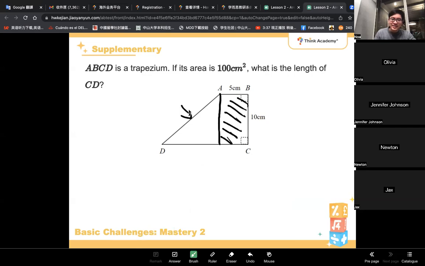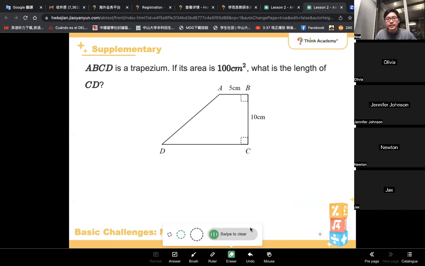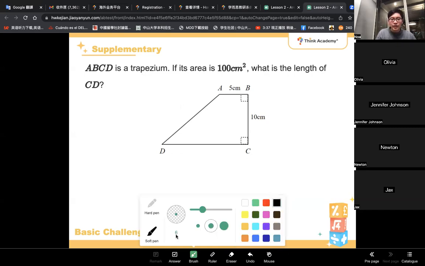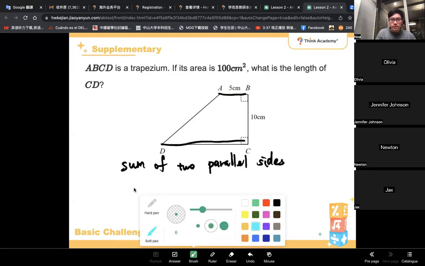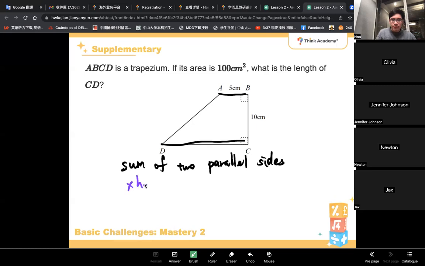What about this part? So you're not familiar with the area formula. So again, the area formula is the sum of two parallel sides, times height, divided by 2.